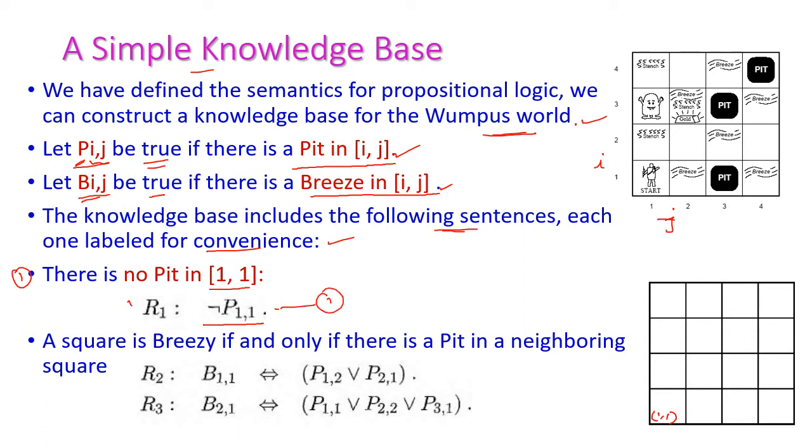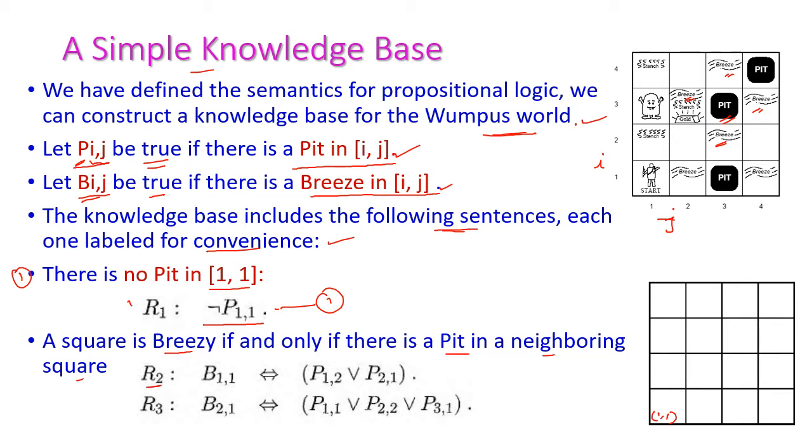And when we come to the second sentence: a square is breezy if and only if there is a pit in a neighboring square. From our example we can see, if there is a pit in one square, all the neighboring squares will be breezy. So R2, that is sentence 2, B of 1 comma 1.